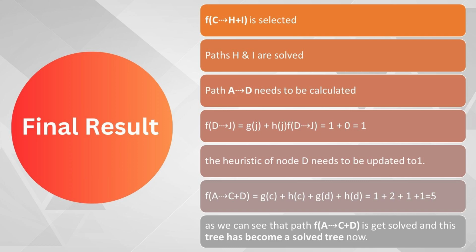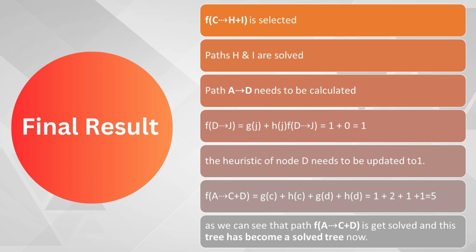So, f of D to J is equal to g of J plus h of J, so f of D to J is equal to 1 plus 0 is equal to 1. The heuristic of node D needs to be updated to 1.